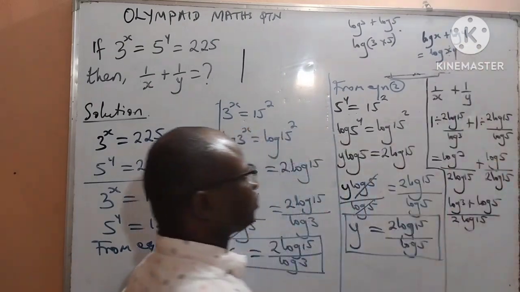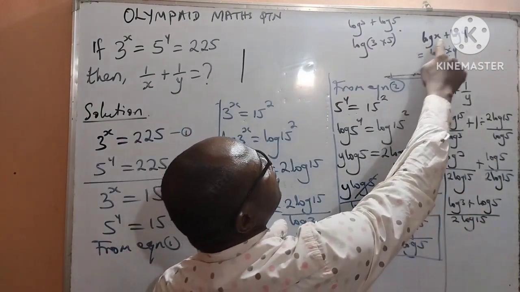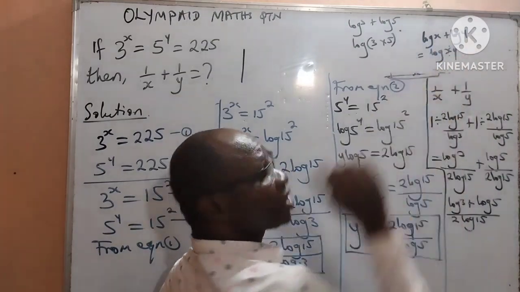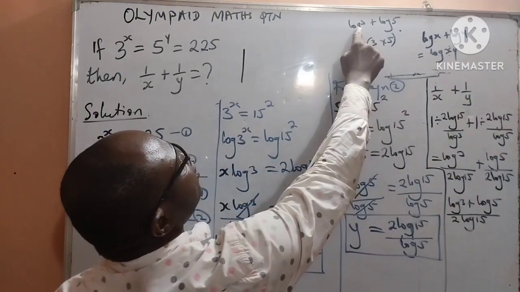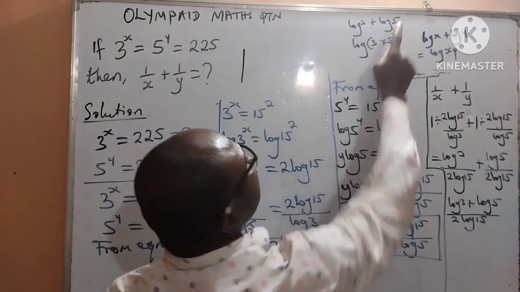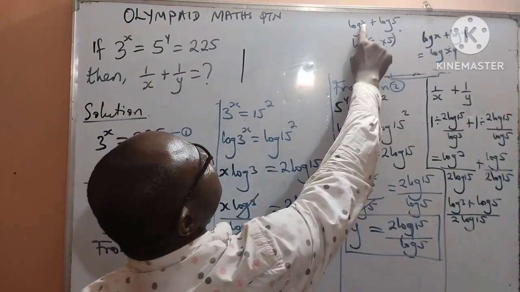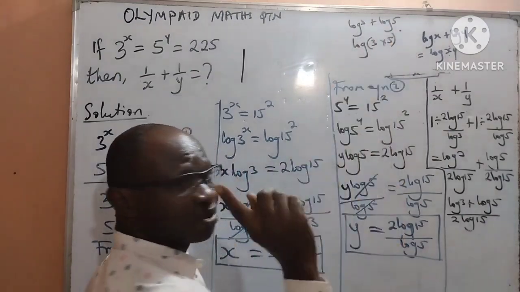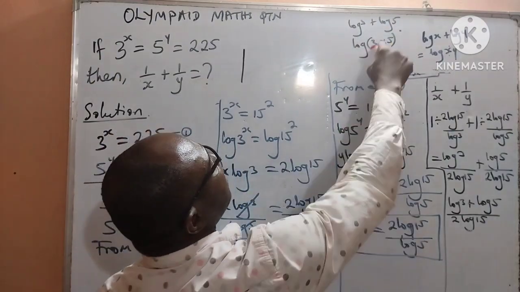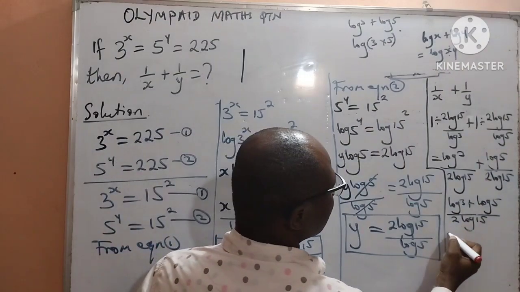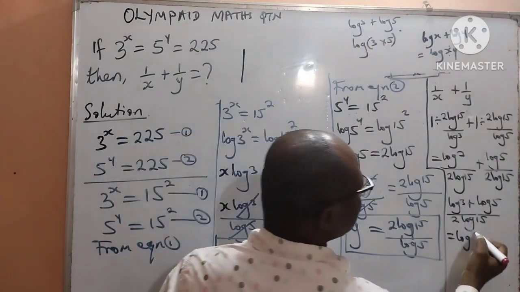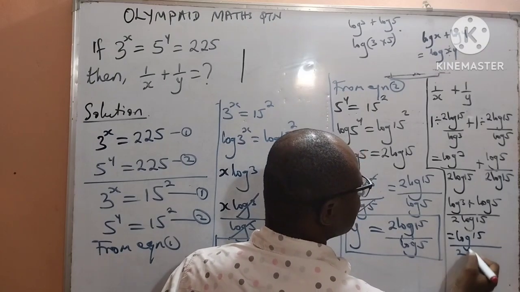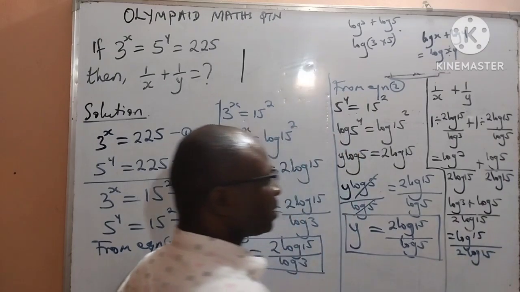So log x plus log y is equal to log xy. That is why log 3 plus log 5 will be equal to log of 3 multiplied by 5 as it is written here. Therefore, applying this here, I will now have the log of 3 times 5, which is log 15, all over 2 log 15.